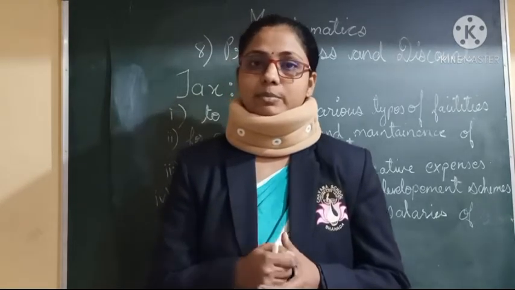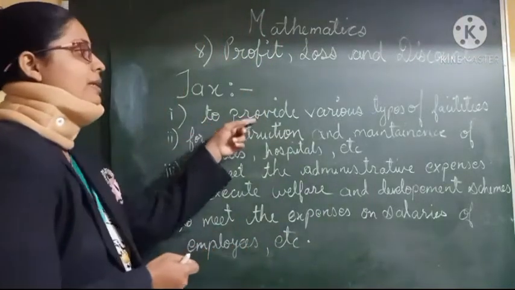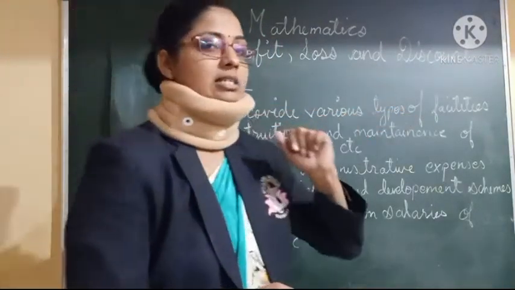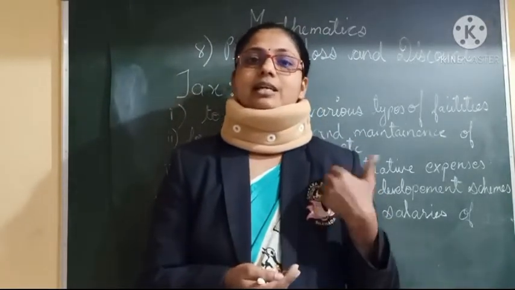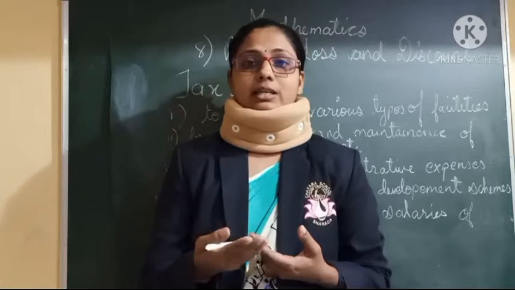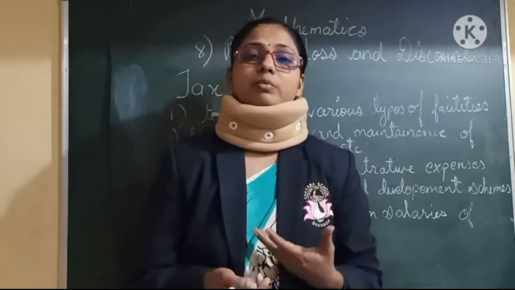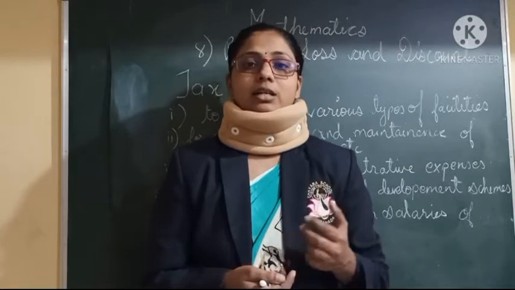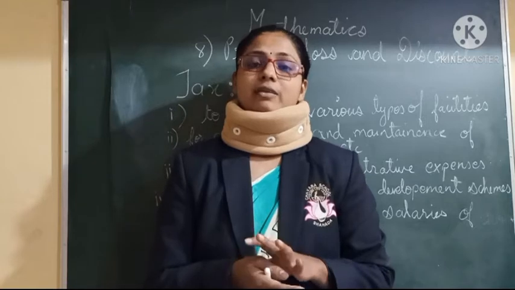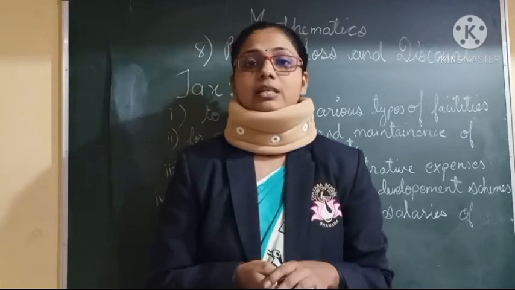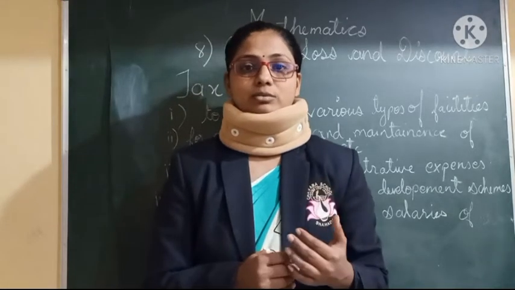For example, have a look at this first point: to provide various types of facilities. Various facilities like roadways, railways, and different types of sanitary systems. Then again, people who live in very small areas and don't have houses to live in, or don't have the capacity to build a house, government provides some facilities for them.